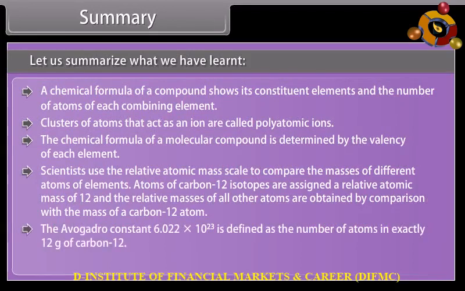The Avogadro constant, 6.022 times 10 raised to the power 23, is defined as the number of atoms in exactly 12 grams of carbon-12. Mass of 1 mole of a substance is called its molar mass.